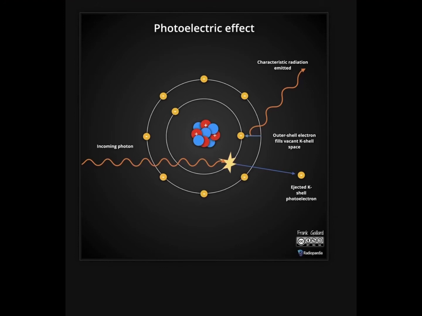Another interaction that takes place is the photoelectric effect, and this takes place on an inner shell electron, and results in an ionized electron leaving the orbit with no scattered photon present.